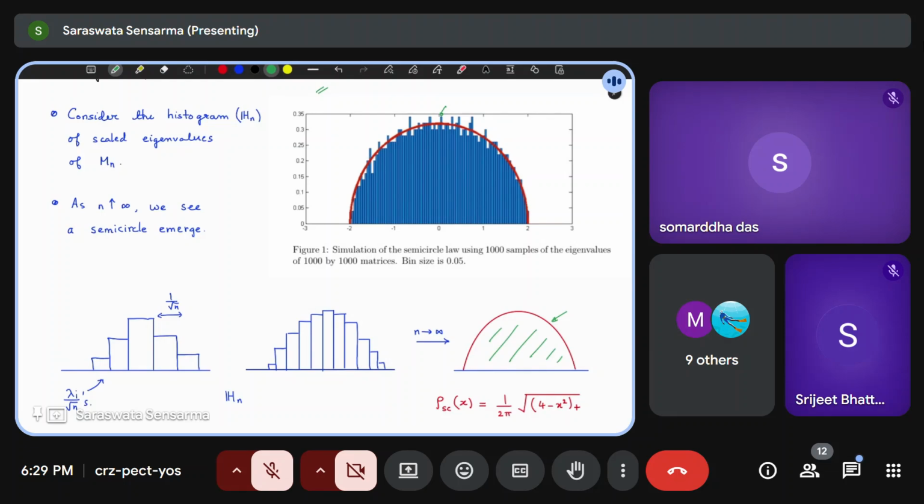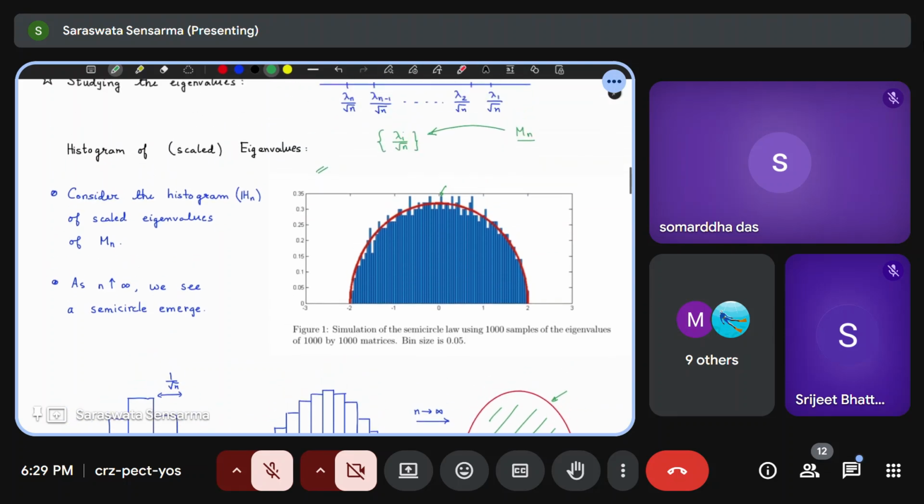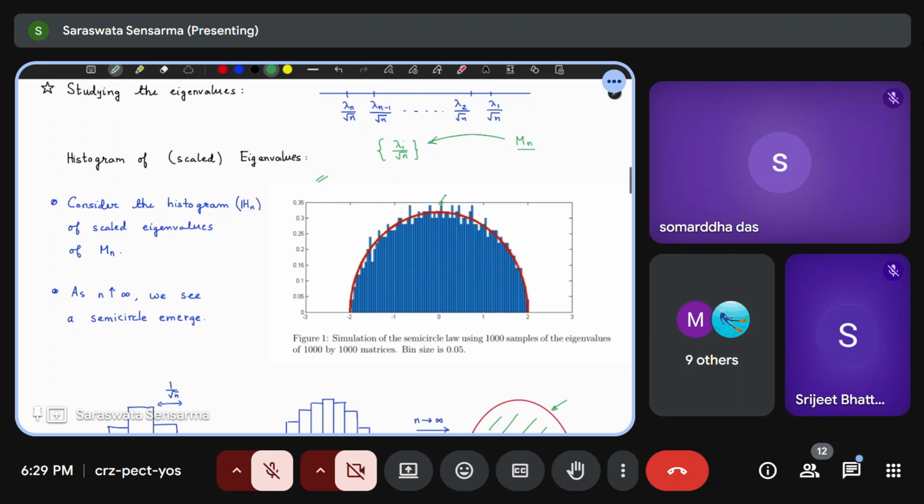I hope the picture is clear, but there are many technical snags going around. For example, Mn is a random matrix. These lambda i by root n's are random variables, all of them distinct. So the histogram that we obtain is random. This is one particular realization of the histogram.